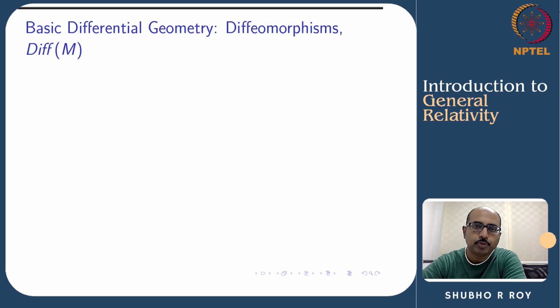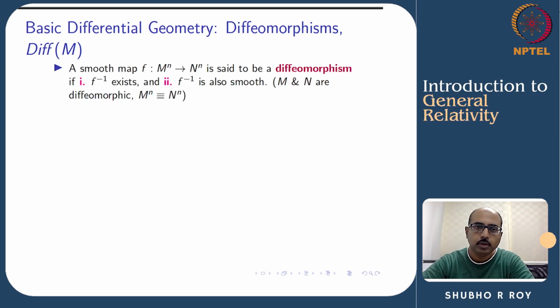All right, let me come to diffeomorphisms, which is a very special category of smooth maps. So smooth map F from M^n to N^n. Now you should notice that the dimensionalities are the same. Diffeomorphisms are only defined between manifolds of identical dimensions. Okay, so a diffeomorphism F from M^n to N^n is defined to be a smooth map for which the inverse exists.